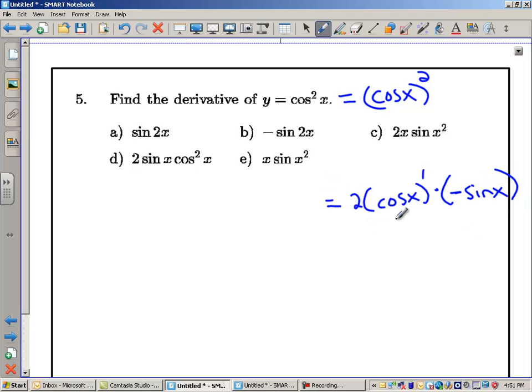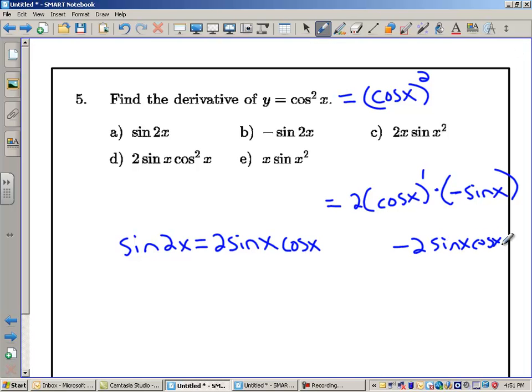So we've got negative 2 sine x cosine x, but oh my gosh, we're in trouble. But you should remember that the sine of 2x has an identity from pre-cal, and that's 2 sine x cosine x. So negative 2 sine x cosine x would be the negative of this, and that is why that is b.